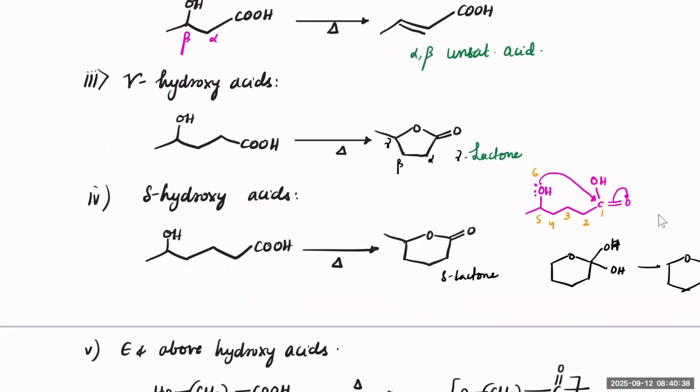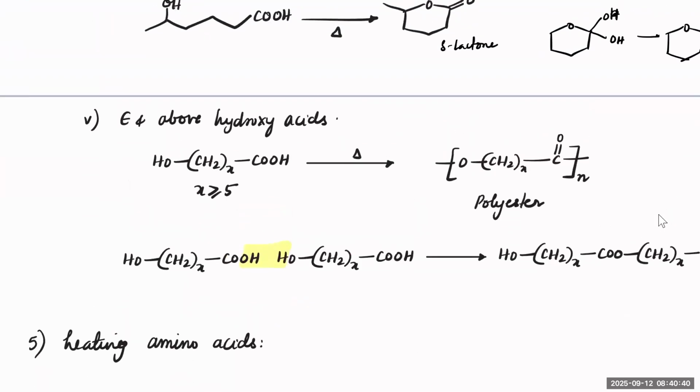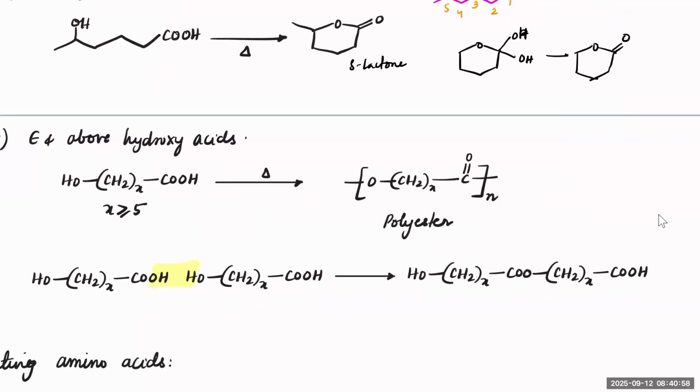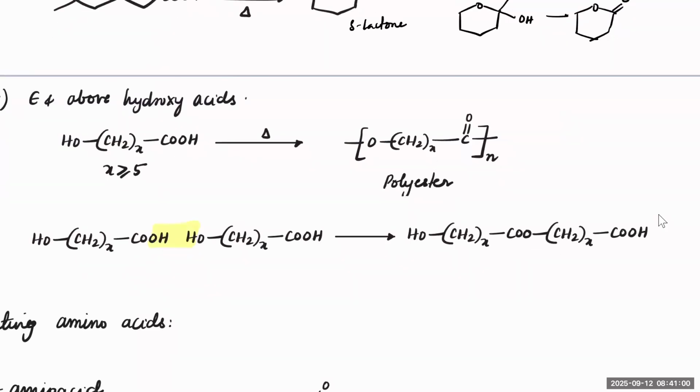If at all I have epsilon and above, then instead of making a cyclic compound, which will be again 7-membered or 8-membered ring, which is unstable, the esterification happens between two molecules on both ends. And that will continue till it becomes a polymer like this.